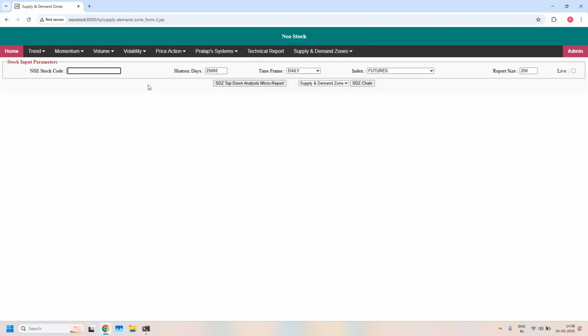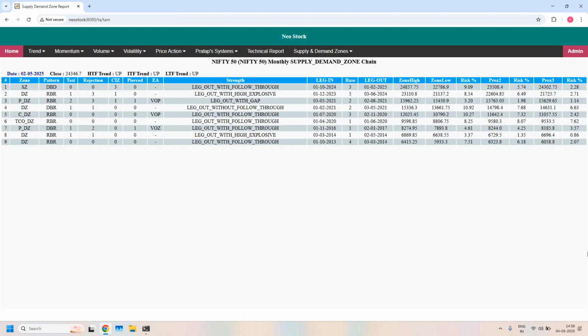So starting with NIFTY. Generating monthly supply demand zone chain for NIFTY. See, always look into the zone column to find the high liquidity zones.